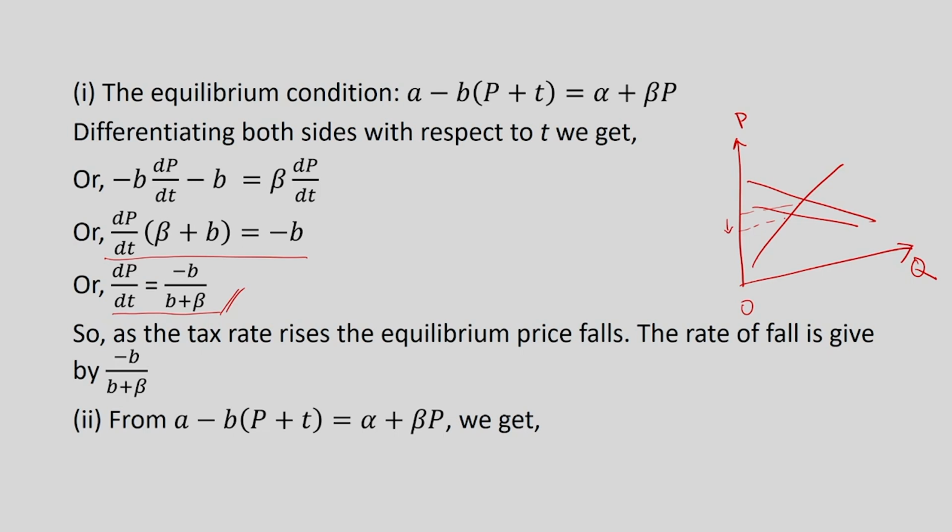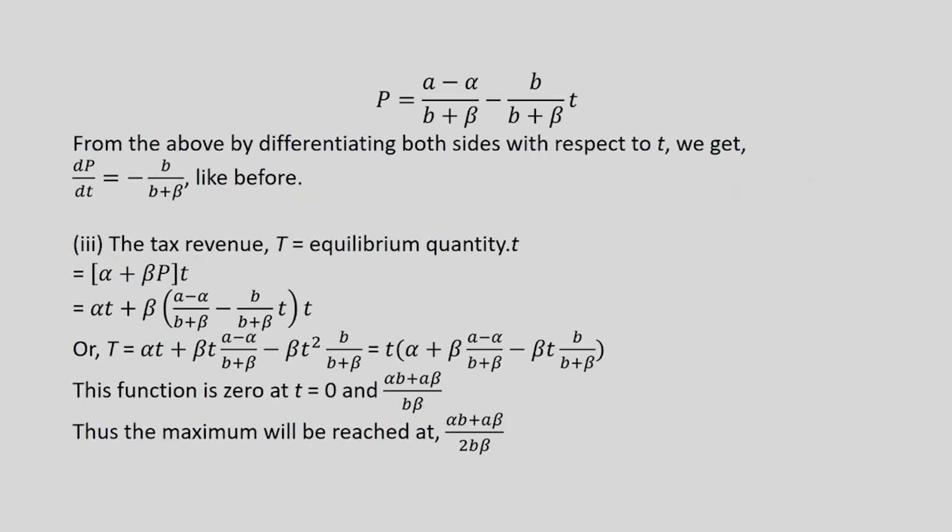Second part: we need to find out explicitly the form of P. Here, implicitly I differentiated and found dP/dt, but suppose I find out explicitly the form of P, the equilibrium price, and then find dP/dt. I use the equilibrium condition to find first the equilibrium price. If I simplify this, skipping some steps, I get P is equal to (a minus alpha) divided by (b plus beta), minus b divided by (b plus beta) multiplied by t.